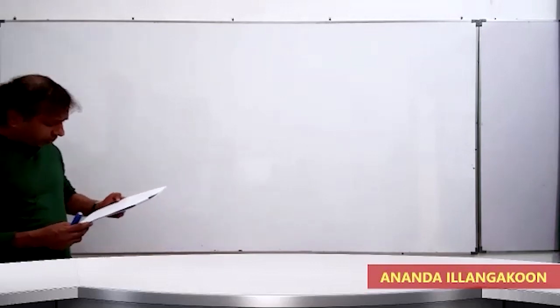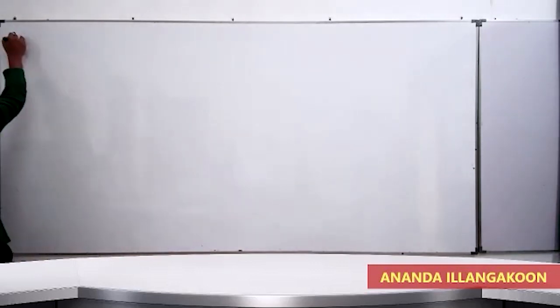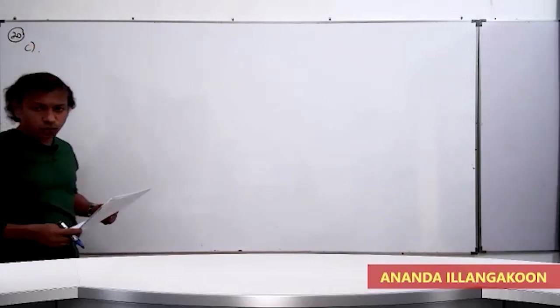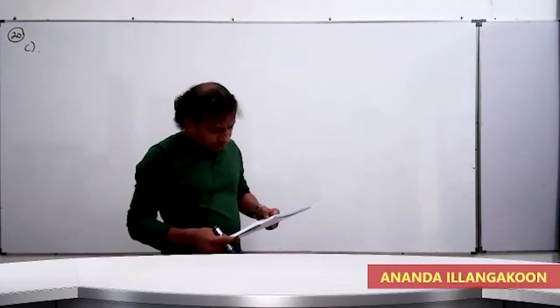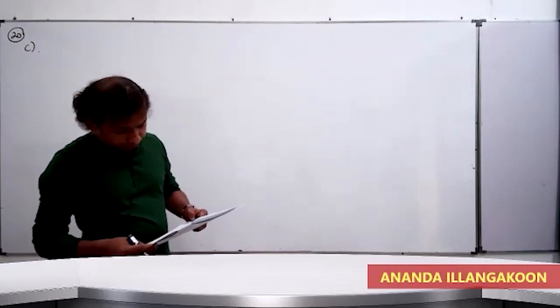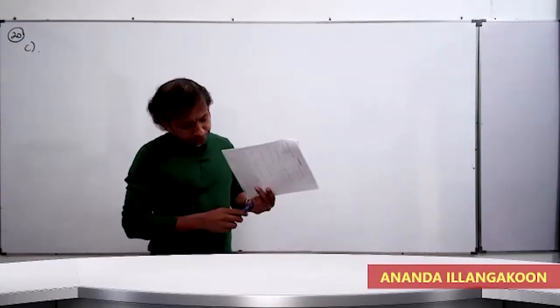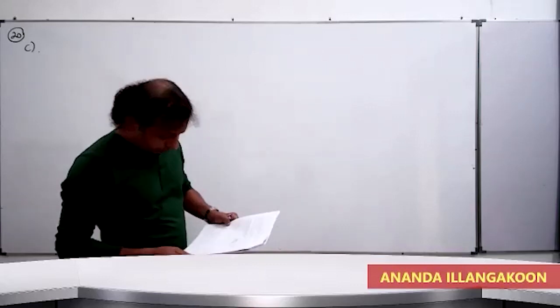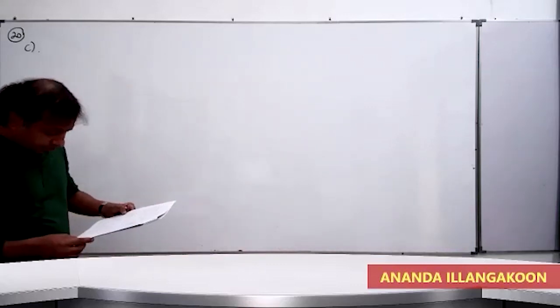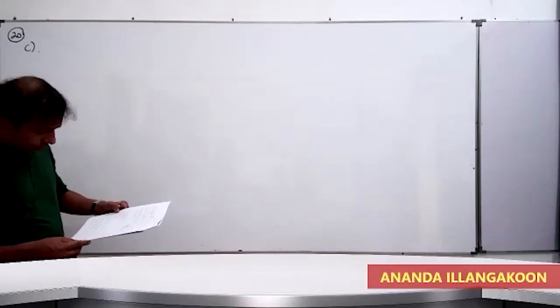Right. Next part. Question number 20, part C in the new tutorial. A cascade shown in the figure is to be formed within tin. You know the meaning of tin? Very thin metal sheet. The cascade consists of a hollow hemisphere of radius r and a hollow cylinder of radius 2r.